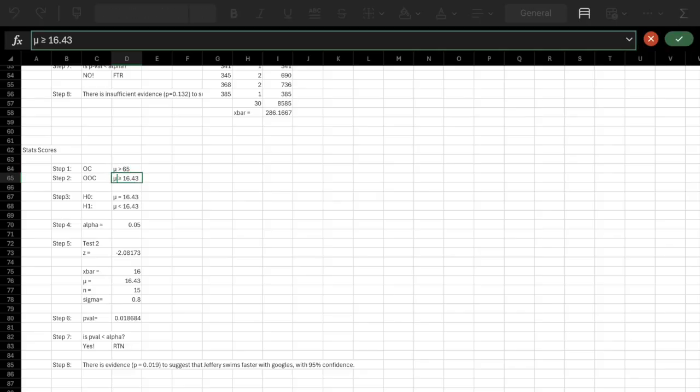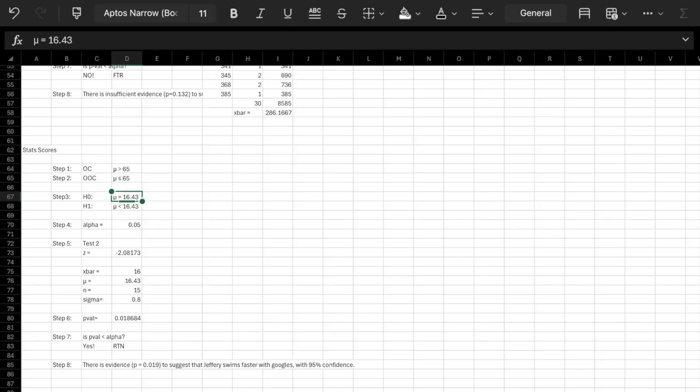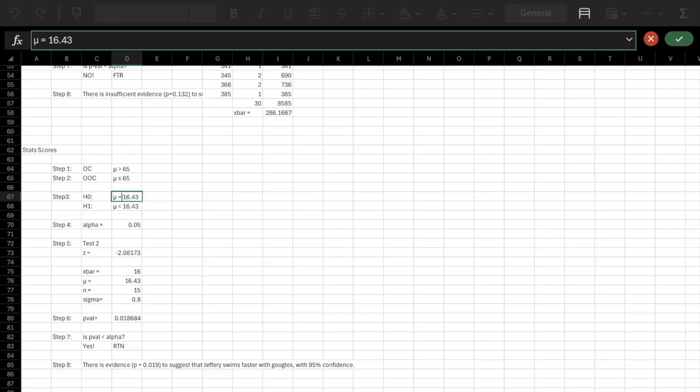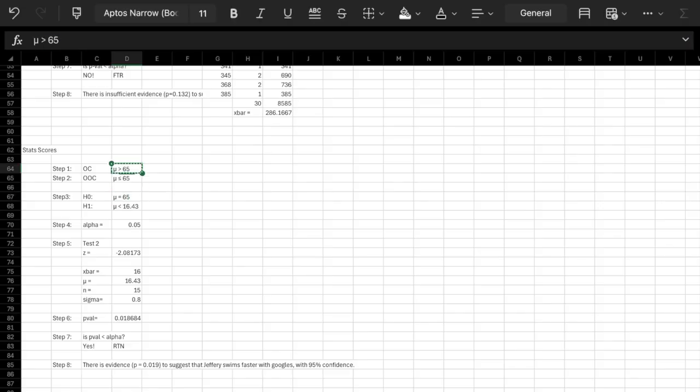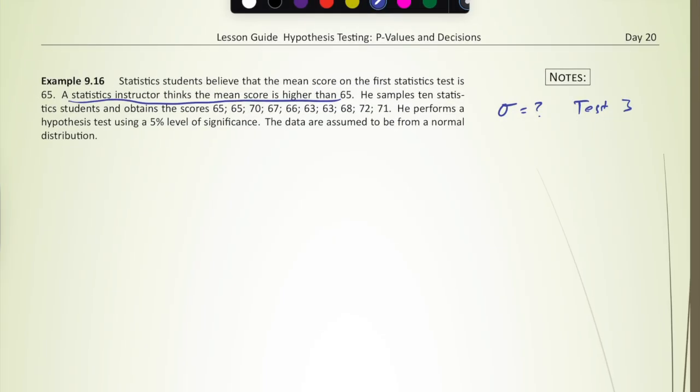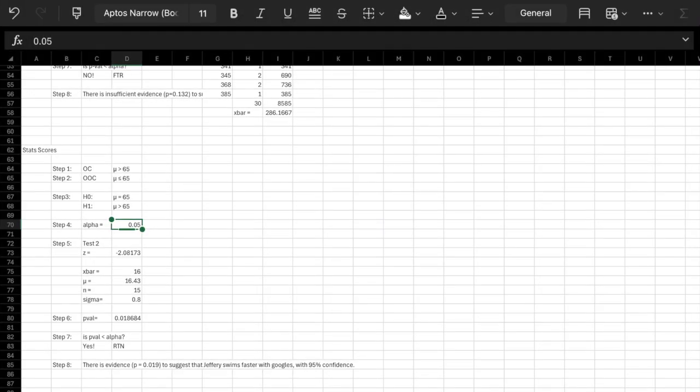Now, the opposite of that is that the mean score is less than or equal to 65. Okay, and so what's my null? Well, it's going to be equals 65. What's my alternative? It's the leftovers. There we go. Okay, now is there a significance level given? Yes, there is. 5% it says. So we'll go with that.